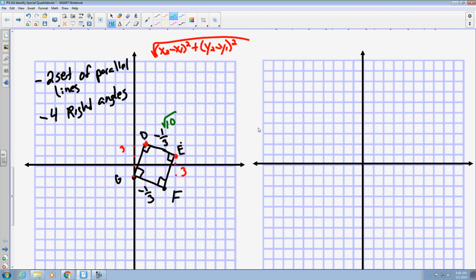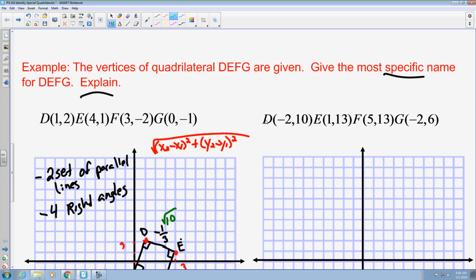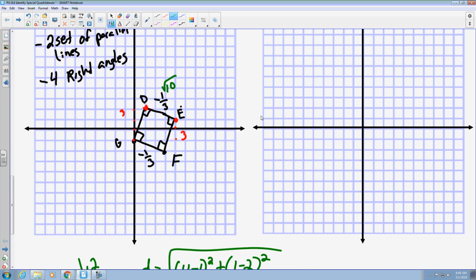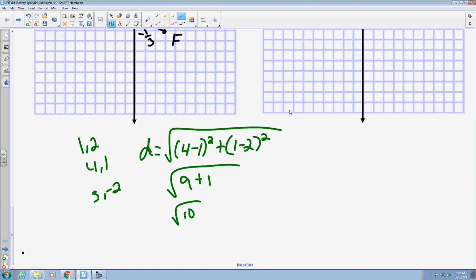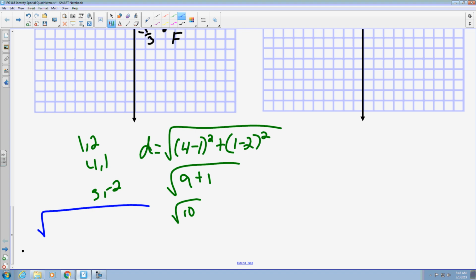All right, now I want to check and see if EF is going to be the square root of 10. If it is, then we can say that we have 4 equal sides. So F is 3, negative 2. So this one's going to be 3 minus 4 squared plus negative 2 minus 1 squared.